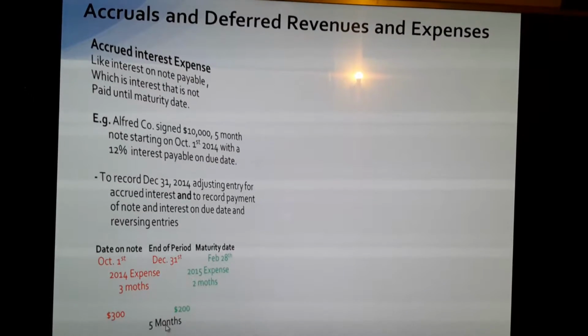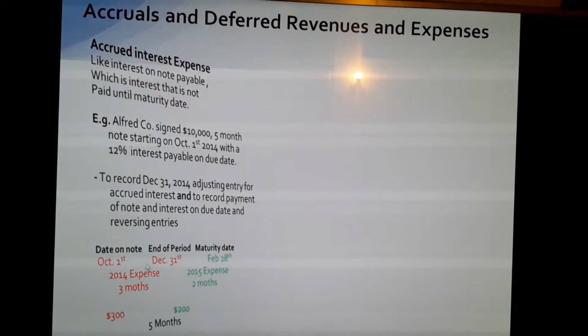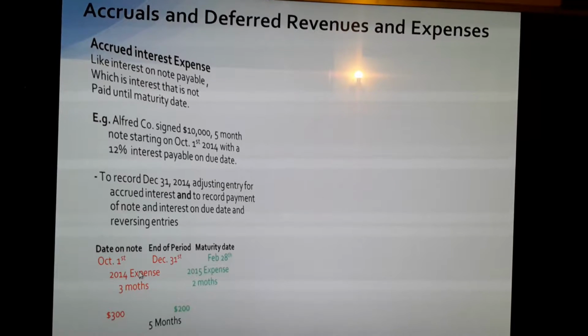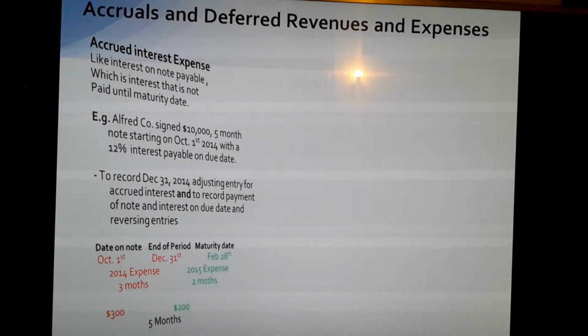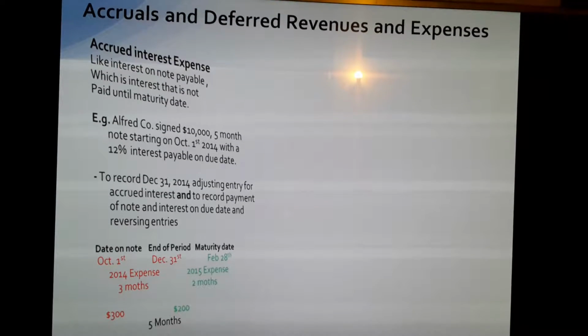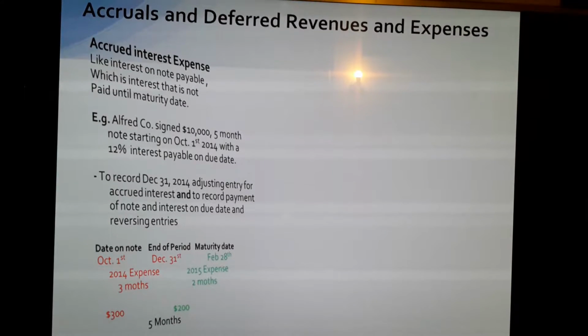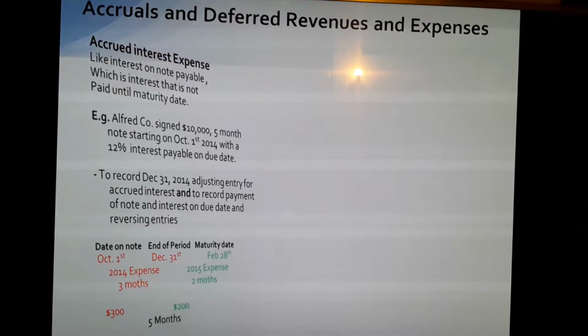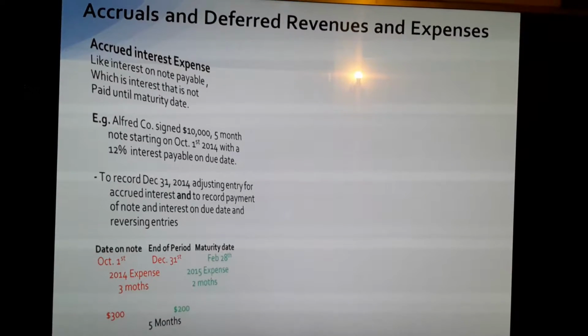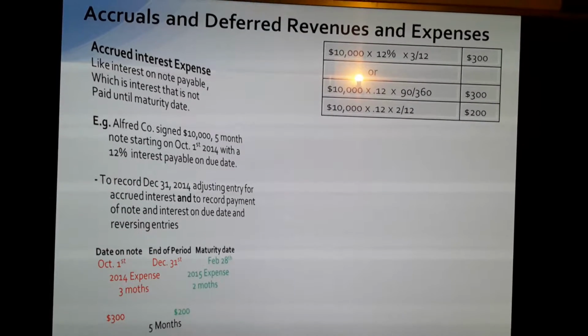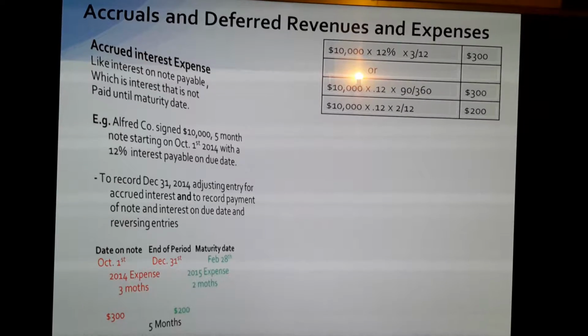Because we are dealing with accruals, and according to our matching principle, we have to match what we have accrued here so that we can do our accounting correctly. So let's see how we calculate this to get the 300.